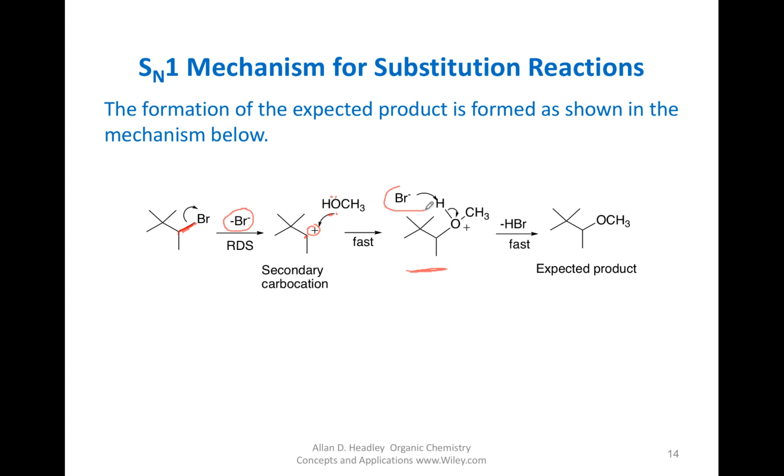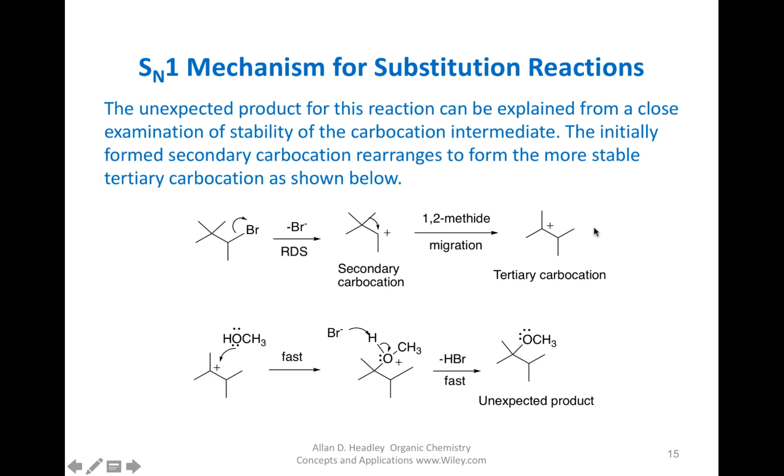The bromide takes that off to get HBr, and this is our expected product, where that's the bond that's formed. Nothing surprising there. But let us look at the unexpected product.